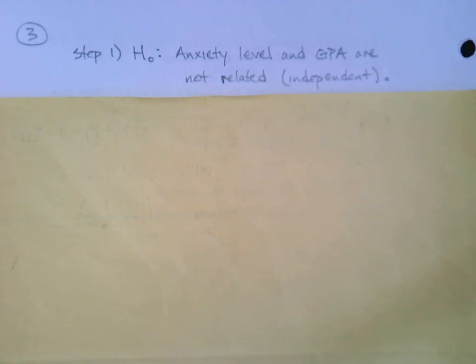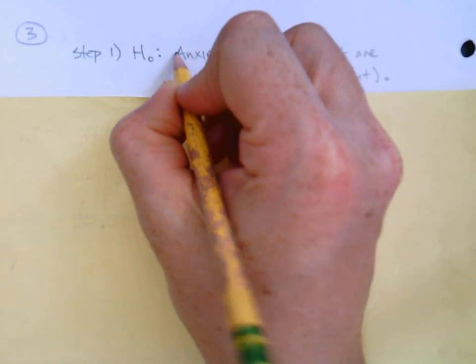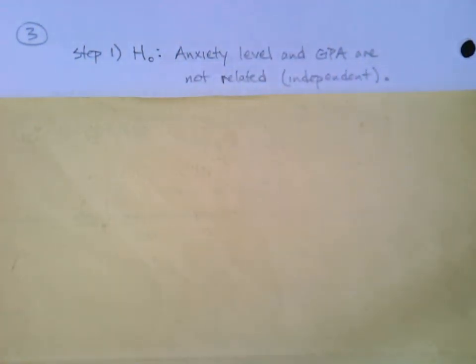So we always assume there's no connection. You can think of some silly analogies that kind of help. Like, is anxiety level and shoe size related? There's a chance they are related, but we definitely don't want to go in assuming that. Same with GPA. Just because we have experience with it ourselves, or we see it a lot, maybe there's something else going on. We can never assume things are related. Okay, I think I made my point.